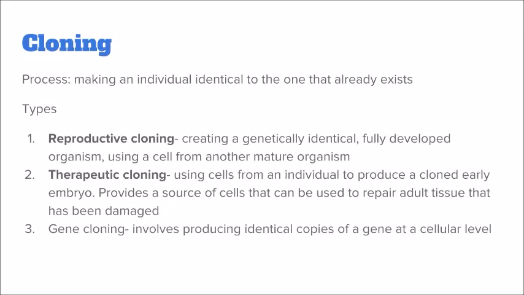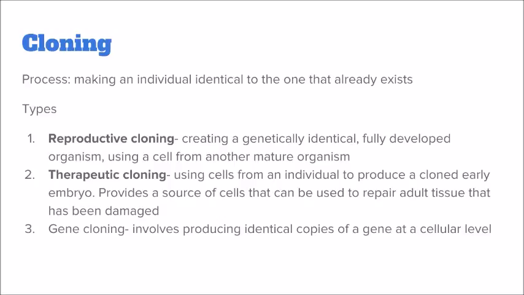Here we have a bit of information on the process of cloning, and that's making an individual identical to the one that already exists. So we have reproductive cloning, where we're creating a fully developed organism from another mature organism, and they're genetically identical. So in fact, we are creating twins.